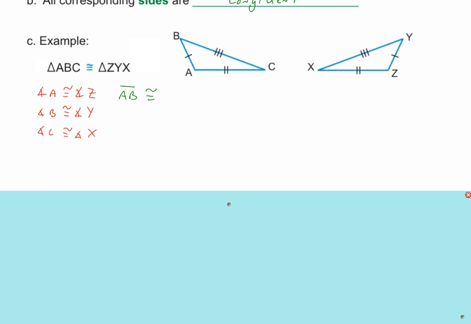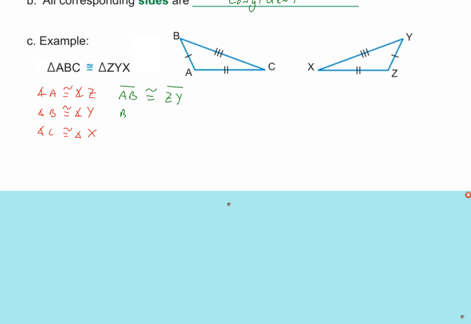You got to be technical. So if I say line segment AB, somebody raise your hand. What do I say for line segment on the other one? Give it a shot. Raf? ZY, how many agree with Raf? ZY, and that would be the correct designation. It's got to be ZY, not YZ. Line segment AB is congruent to line segment ZY.